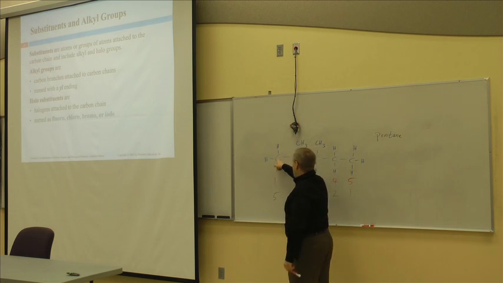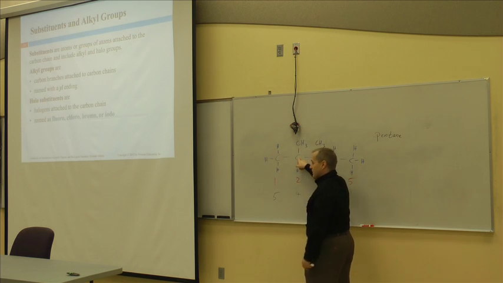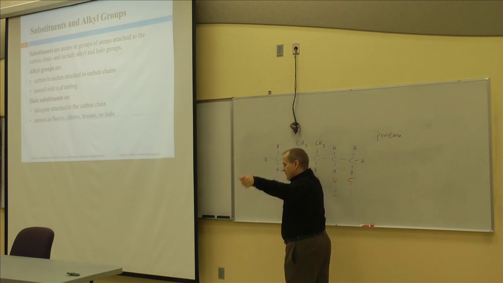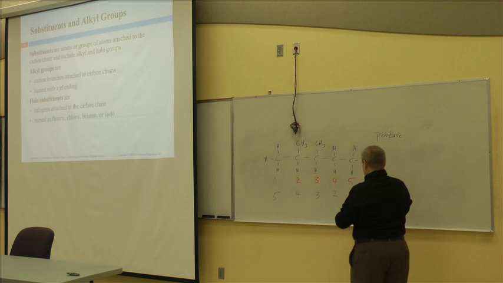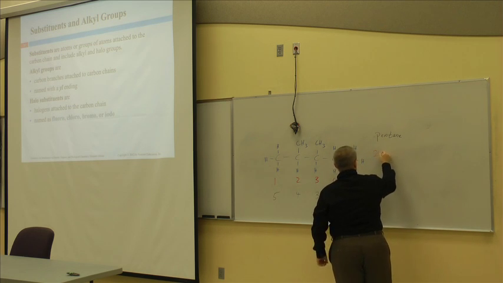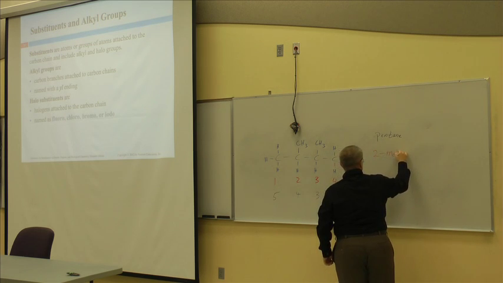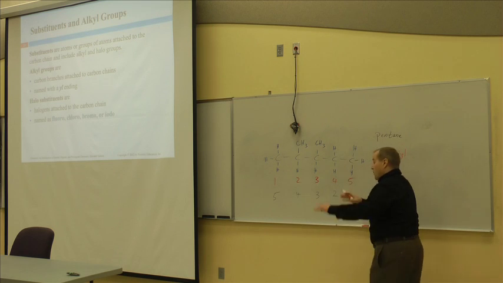If we look at carbon 1, is there anything hanging off of this carbon that is not hydrogen? No. How about that one? Yes. What do we got? CH3, which is called methyl. There it is. 2-methyl. So we found one thing.